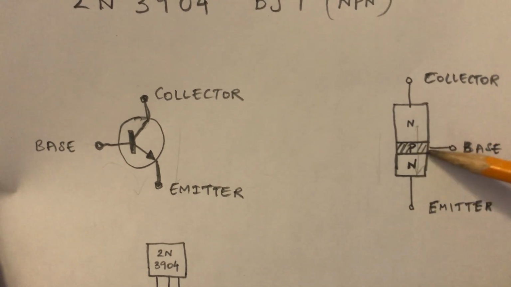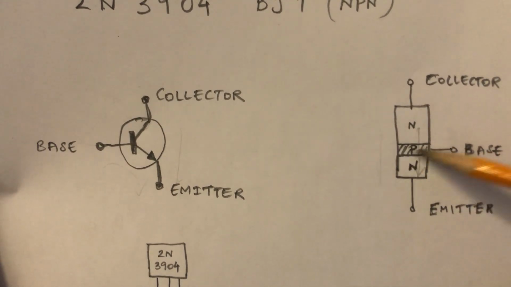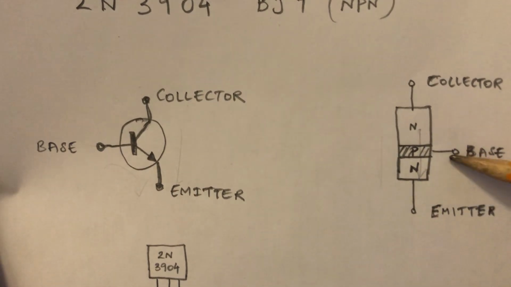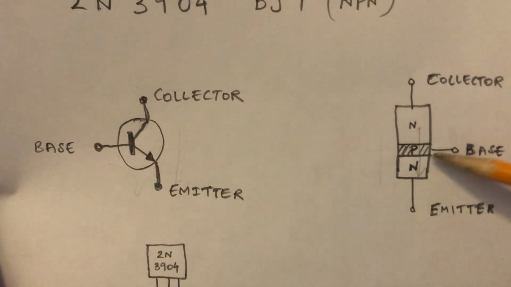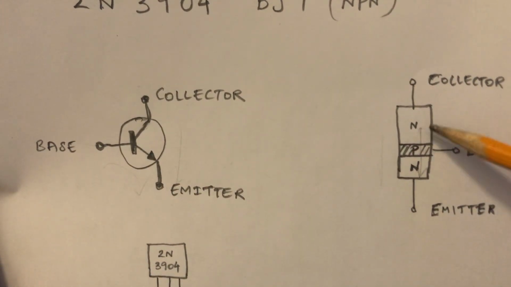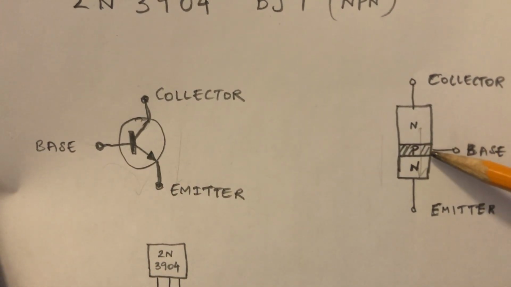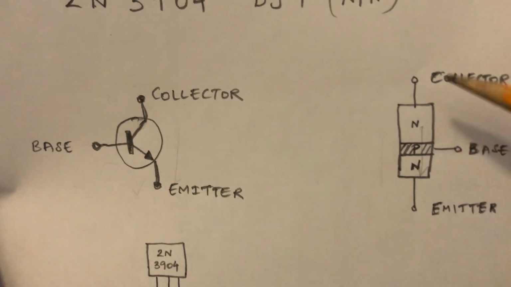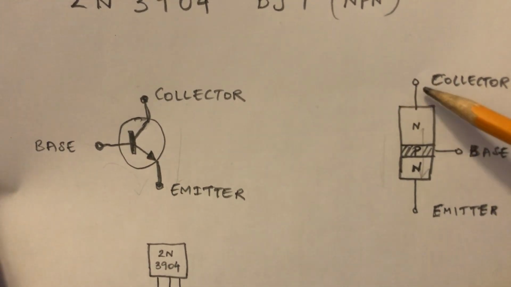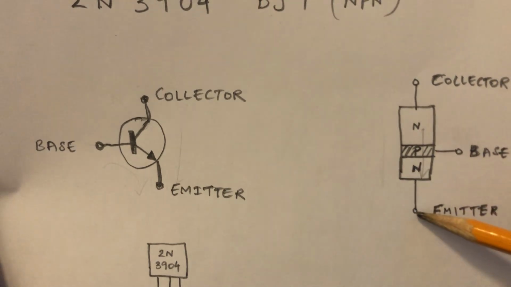Ordinarily this base region would separate collector and emitter, and when a small voltage is applied to the base, this region would break down and act like a conductor, and it would start conducting electrons from the collector region to the emitter region.